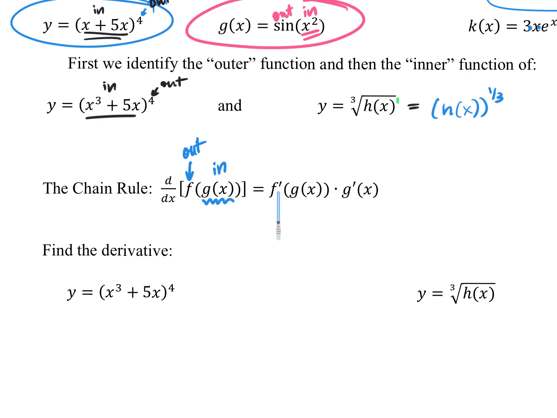What are they telling us to do? Take the derivative of the outer. Eat the shell of your M&M. Then what do you do with the chocolate when you're eating the shell? You leave it. That's perfect. We are going to have to work today on how to eat an M&M, just the shell. Leave that chocolate. Then what do we multiply by? The derivative of that inner, the derivative of the chocolate.